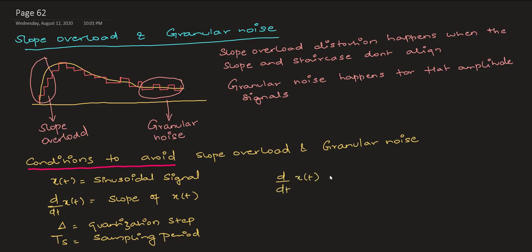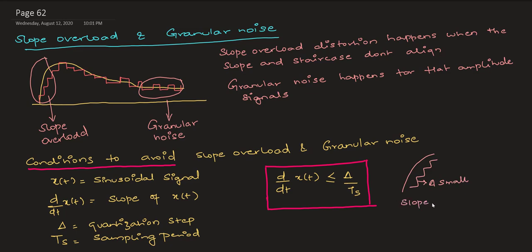And for granular noise it is the opposite. The condition that I am using here is that d by dt of x of t, which is the slope of my sinusoid, is less than step size delta by Ts. In the case when the step size is small, like in this case, you have a slope overload distortion. To overcome the slope overload distortion, you just make the step size bigger. So when your step size is increased, your slope overload distortion reduces or vanishes completely.